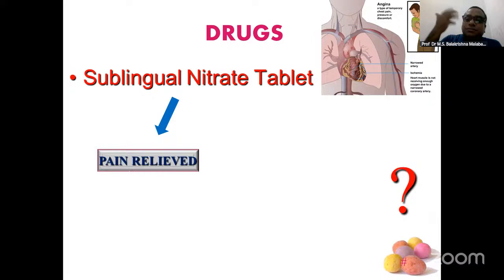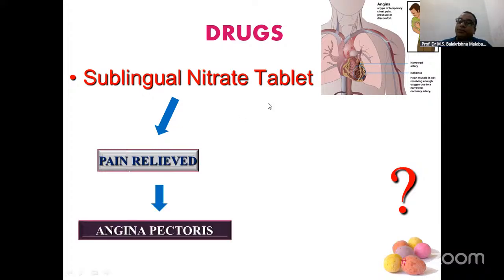Once you keep it below the tongue and wait for some time, if the pain gets relieved, the patient complained of chest pain, you gave a sublingual nitrate tablet, pain relieved, so that was angina pectoris. Based on the condition of the patient, it is better not to continue the procedure, stop the procedure, and the patient should see his cardiologist and be stress-free.